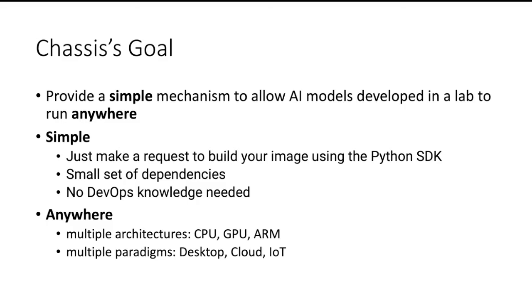You as the model developer using Chassis don't really need to be familiar with all of those technologies, Docker, Kubernetes, etc. So no real DevOps knowledge required. And the goal is for that model to be able to be run anywhere. And we've made a lot of progress towards that. Models deployed through Chassis can be run in a variety of settings. And I'll talk a bit more about that when we go through the demo.